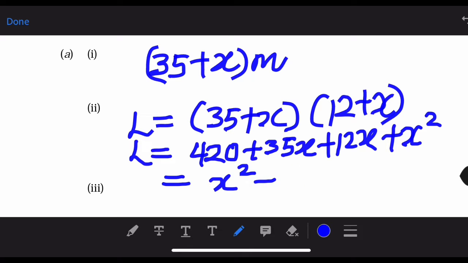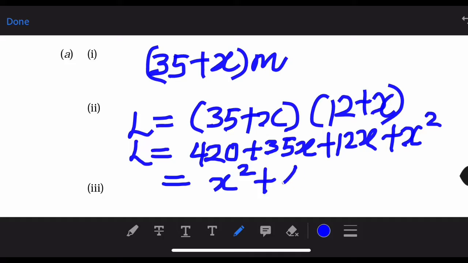So there are two possible answers. I think which one is the better answer, because this is actually abandoned land. So I actually think that we have to fence the side of PS also, because this is an abandoned land.